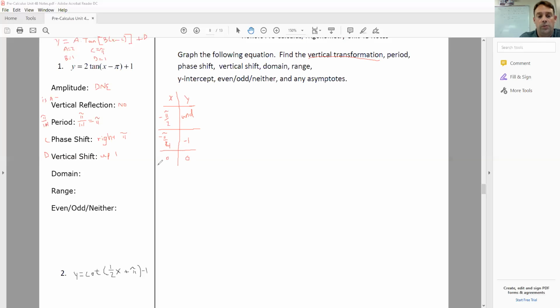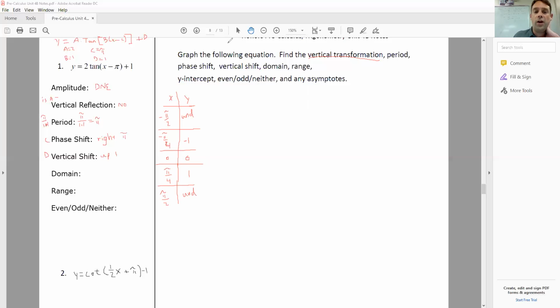0 is 0. So both tangent and cotangent just had different values that we're starting with. Pi over 4 is 1, and pi over 2 is undefined. But everything else is still the same. Nothing is going to change.